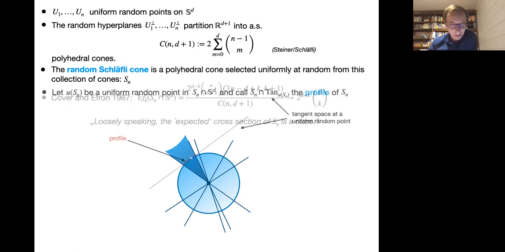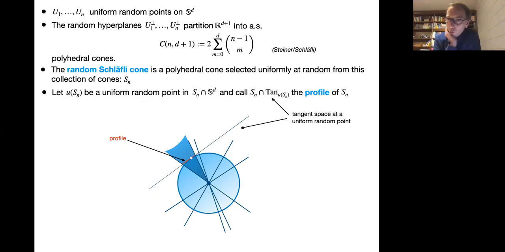So as I said, we want to look at the shape of these random cones, of the cross sections of these cones. And first of all, we have to make precise what we understand by the shape of a cross section of a cone. And for this, we introduce the notion of a profile of a cone. By the profile of a cone, we mean the following.